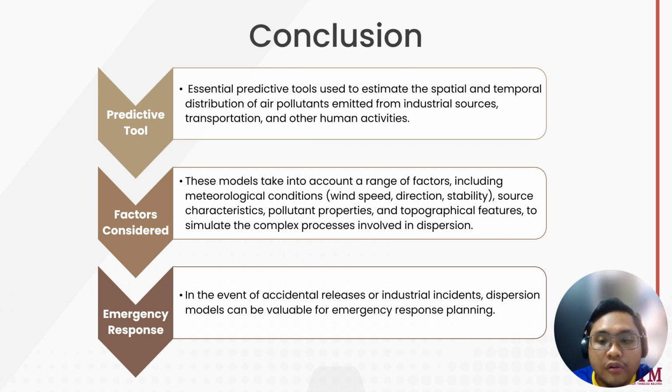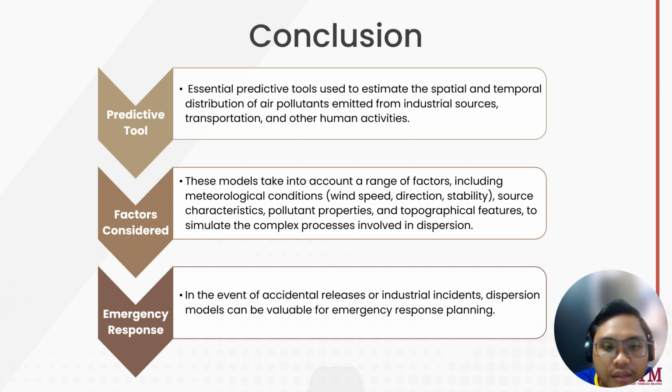Alright, for the conclusion in this chapter: first, atmospheric dispersion models are predictive tools, essential for estimating the spatial and temporal distribution of air pollutants emitted from industrial sources, transportation, and other human activities.